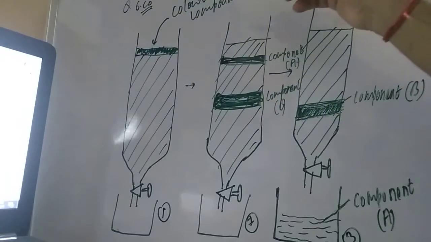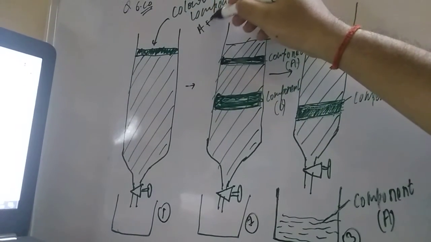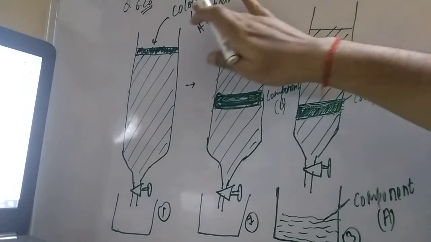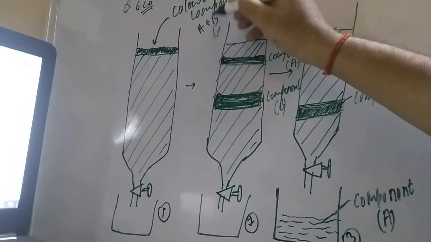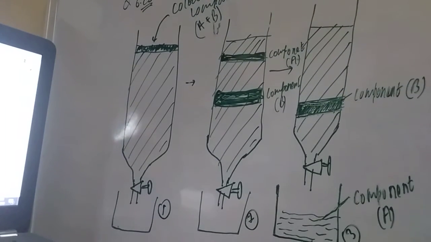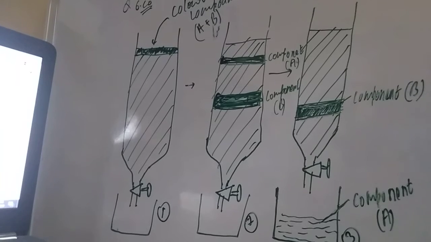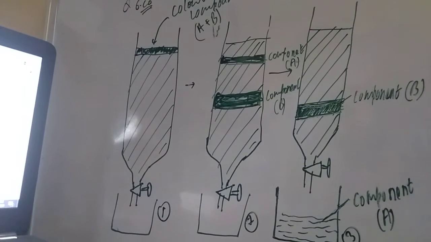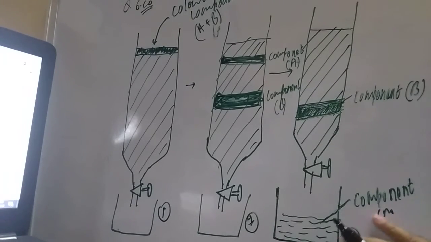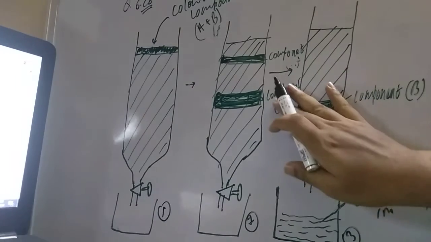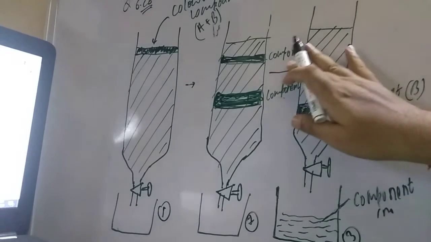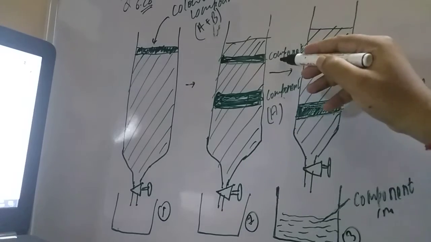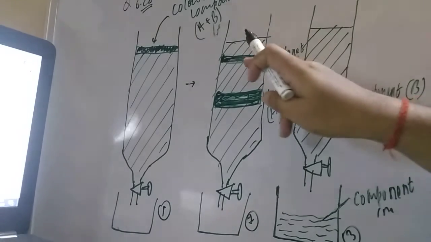This coloring compound is made up of 2 components, component A and component B. Component A is more adsorbent, having more power to adsorb, so it comes down, and component B is less adsorbed, so it stays a little up.